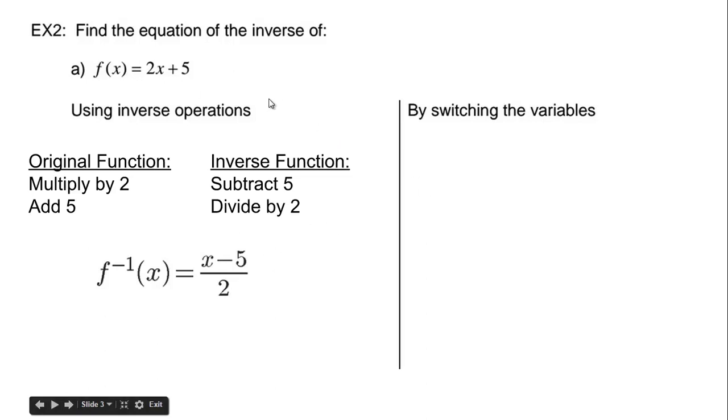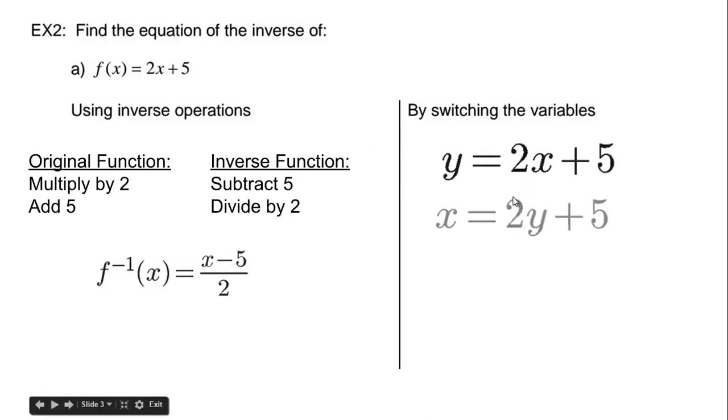Now if you actually want to do it algebraically, it's really the same thing. We could take y equals 2x plus 5, switch x and y, so x equals 2y plus 5. The reason we wrote y instead of f of x is because we were going to switch it, and it gets kind of awkward if you write f of x here.